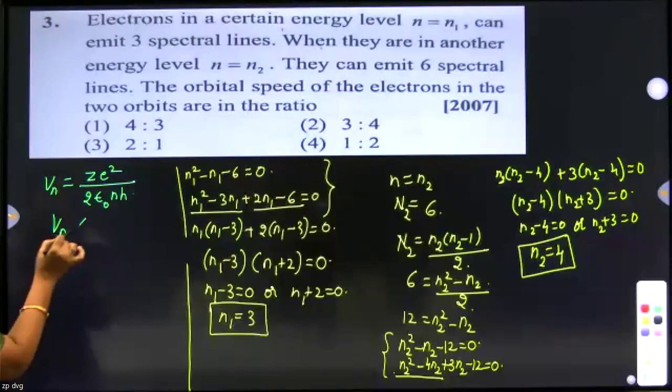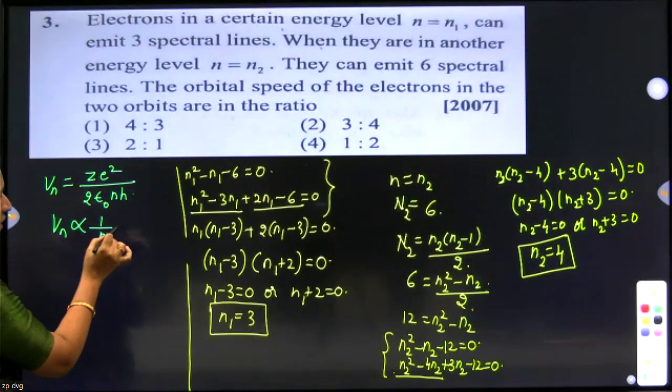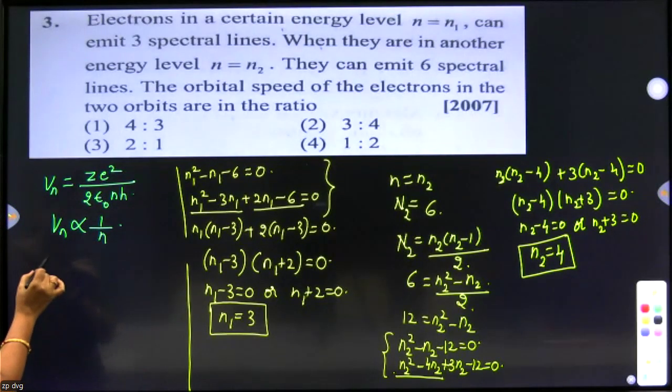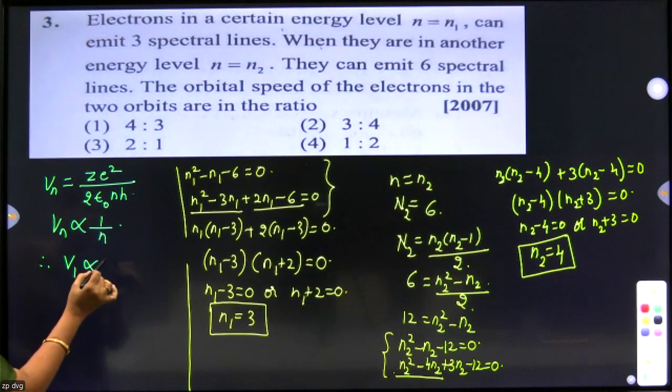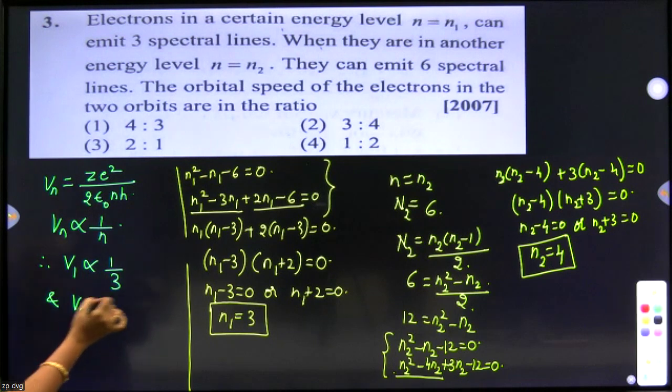Here, Vn is inversely proportional to n. Therefore, V1 is proportional to 1 by 3 and V2 is proportional to 1 by 4.